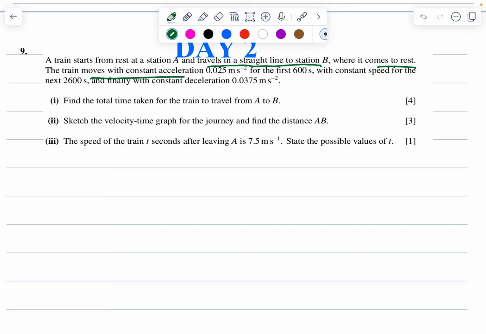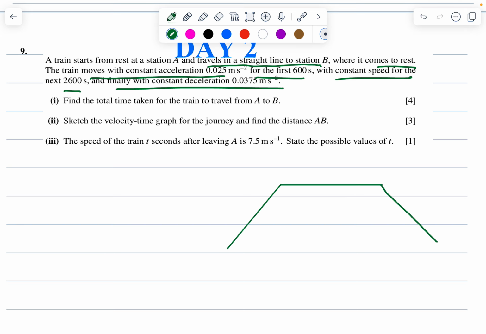The train moves with constant acceleration for the first 600 seconds, with constant speed for 2600 seconds, and then constant deceleration. Acceleration, speed, and then deceleration. That is what is being told. So we will draw a velocity-time graph for that.